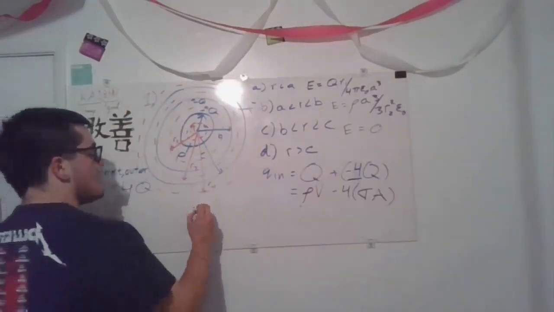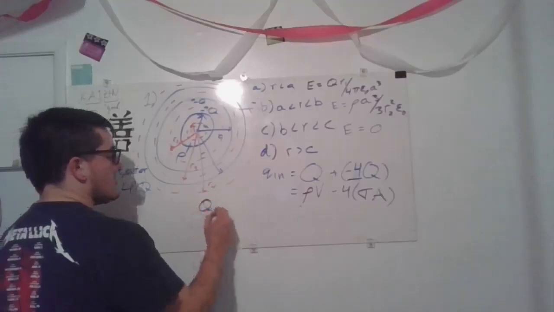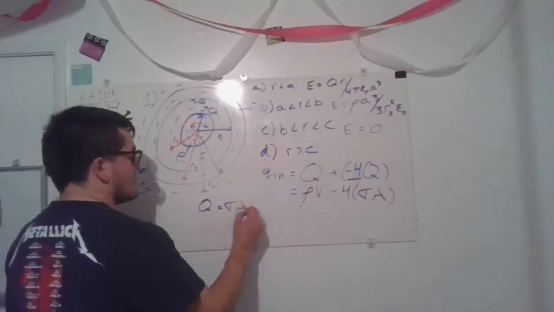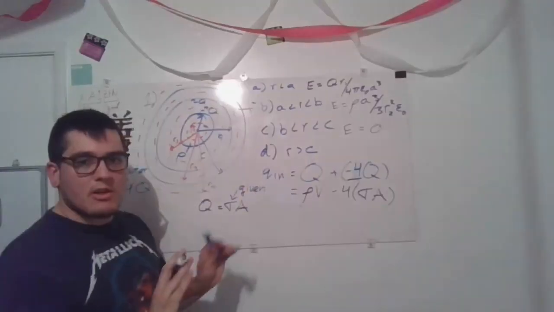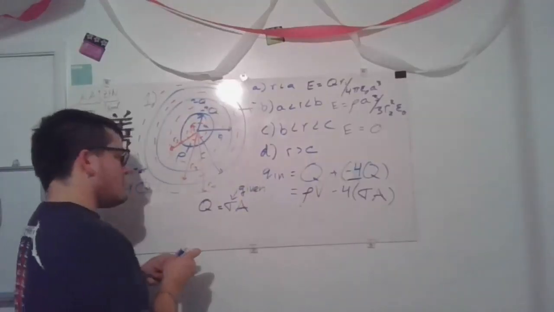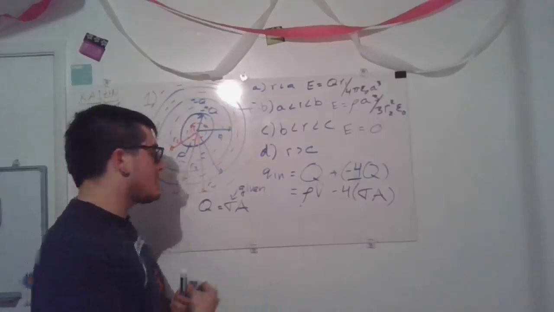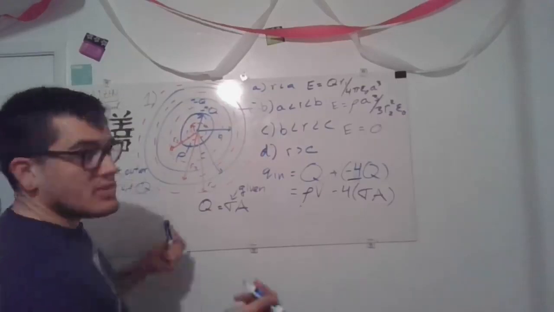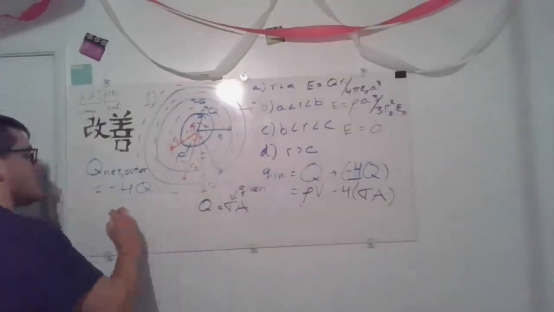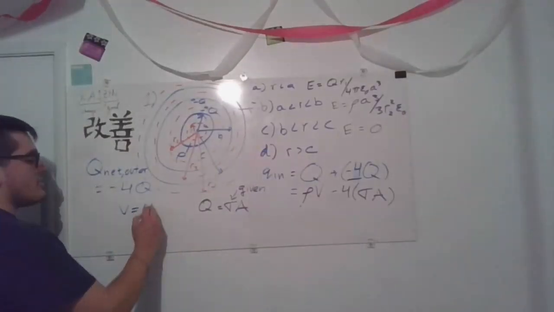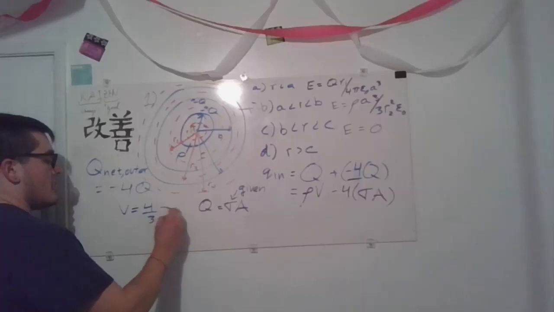So sigma times A. Let's just say you're given sigma, so you can have it in your answer. But you need to find out what that A is, right? So it's just going to be the area of a sphere. That's it. So you have the volume of a sphere, which is 4/3 pi.